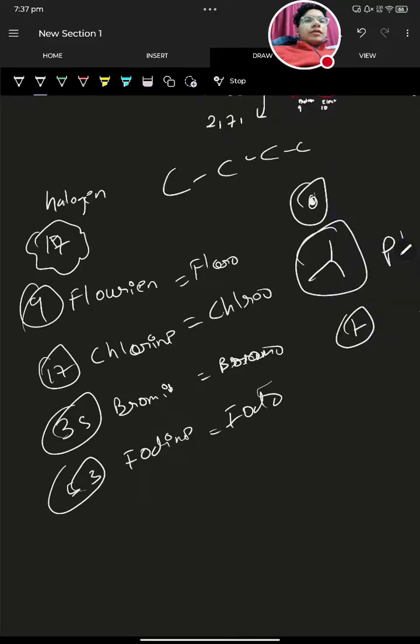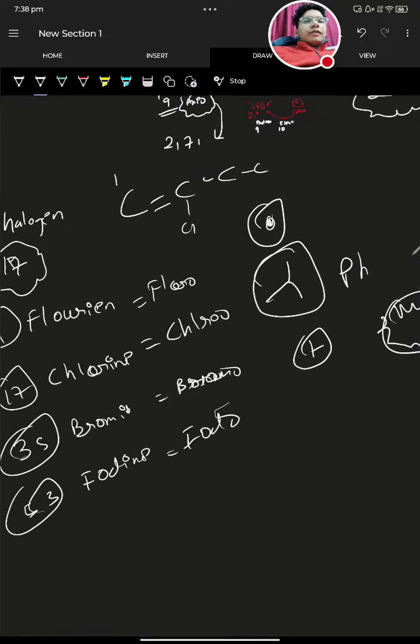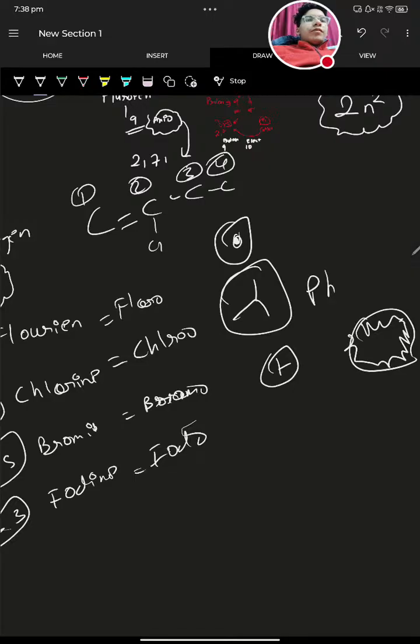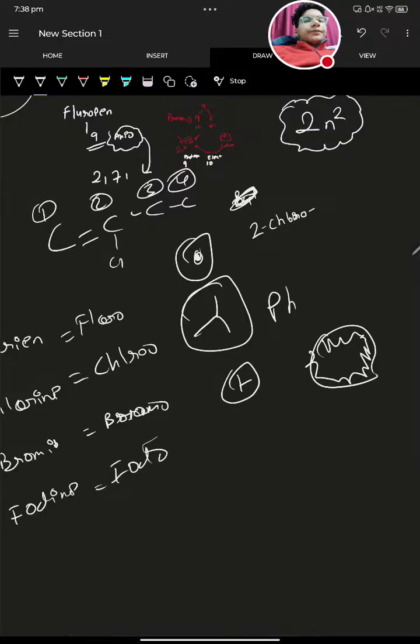If it is carbon with Cl here, it will be numbered 1, 2, 3, 4. Now methane, ethane, propane, butane. It would be 2-chloro-butene.